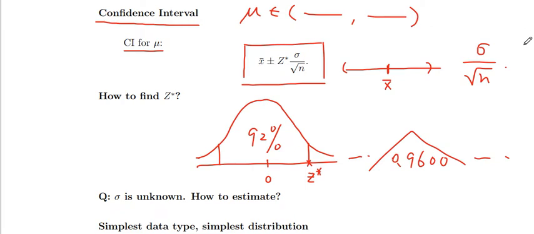So in this formula, we assume we know sigma. From the sample, we know the sample mean x bar and sample size n, and from the table we can find z star.